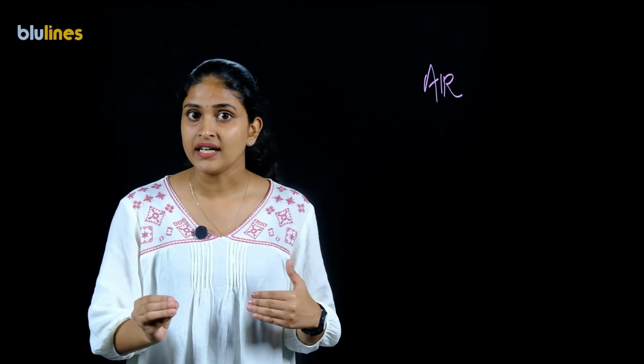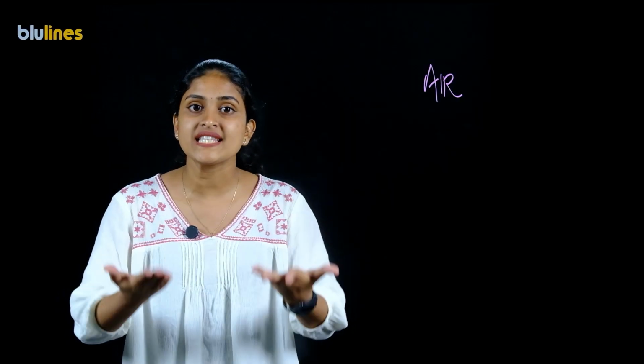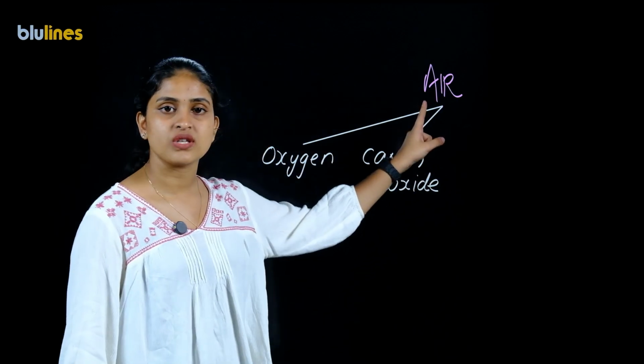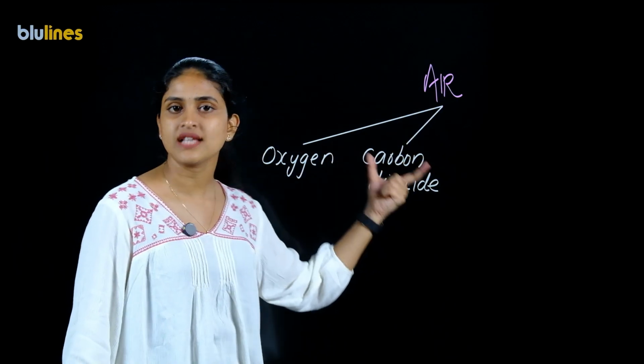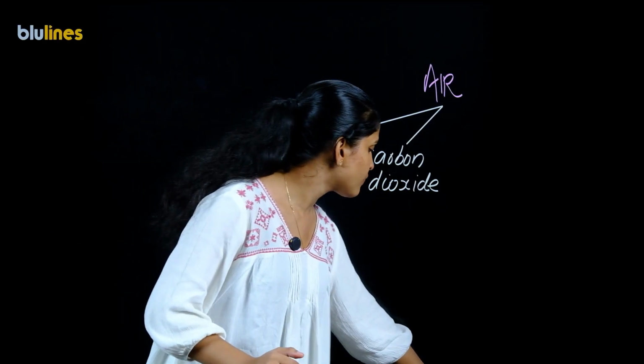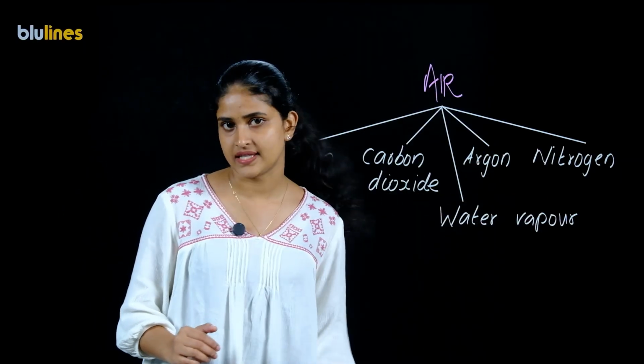So it is very clear that the air has oxygen in it. Also, we exhale a certain amount of carbon dioxide. So it is clear that air consists of oxygen as well as carbon dioxide. Not only oxygen and carbon dioxide, air has various other components which are water vapor, argon and nitrogen.